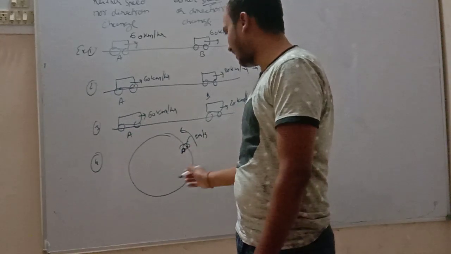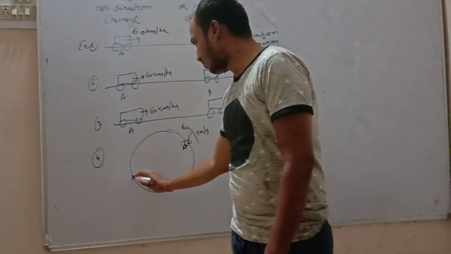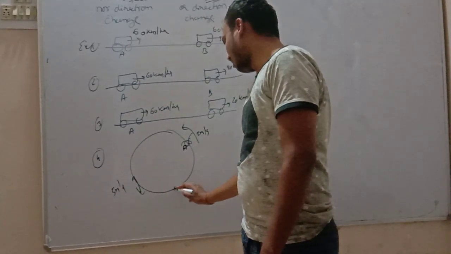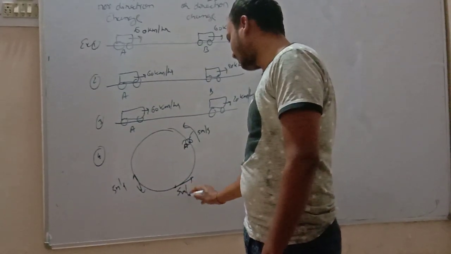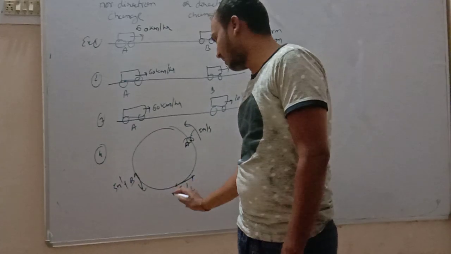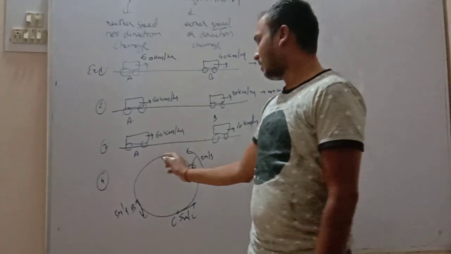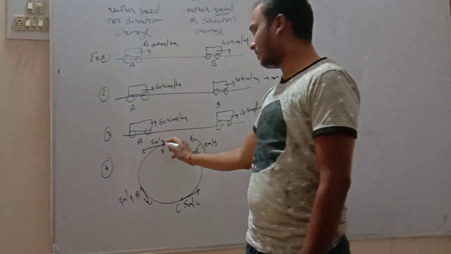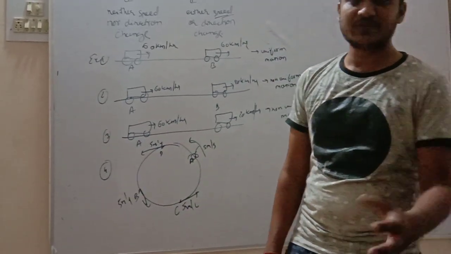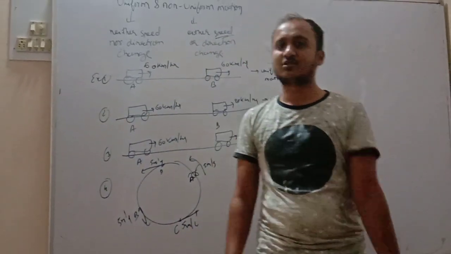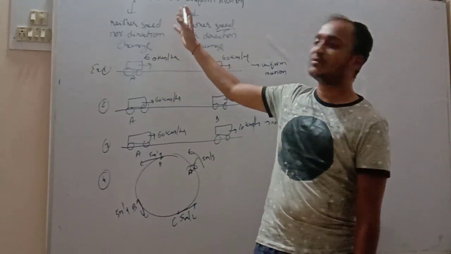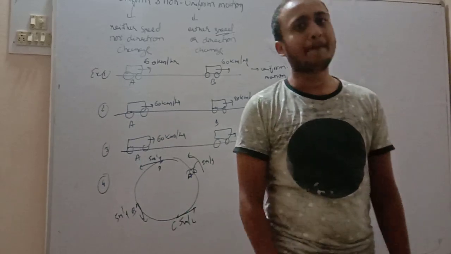Here also 5 meters per second, here also your speed is 5 meters per second. Let this be point B, this point C, and here let it be point D, also 5 meters per second. So as you are seeing, the speed is not changing. So it is what? Uniform motion, because speed is not changing.